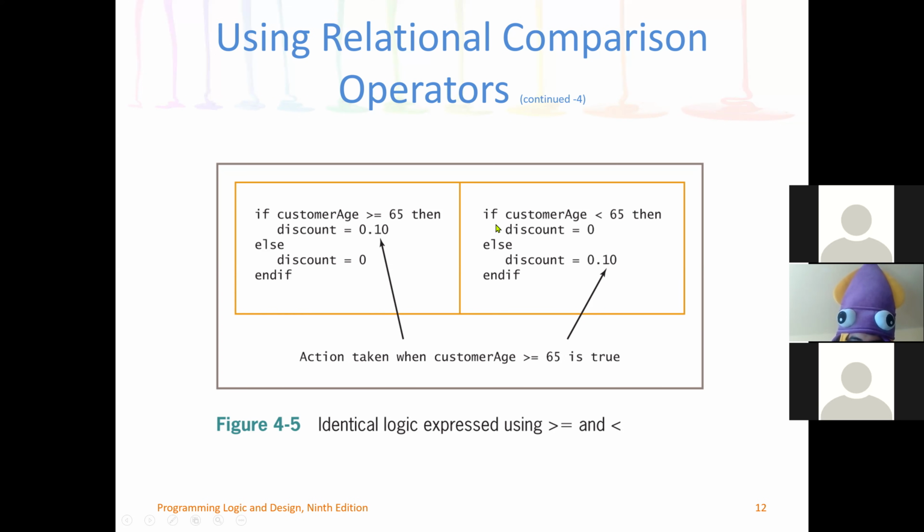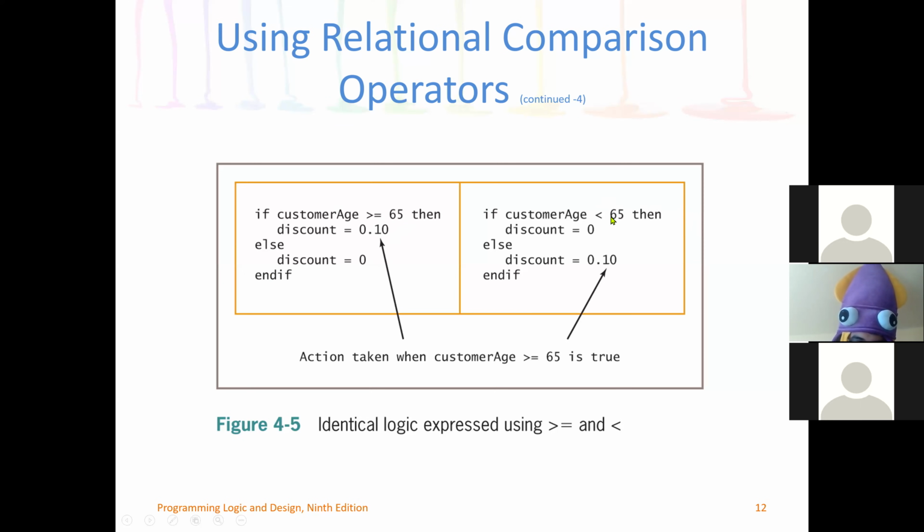Now, the same thing applies here. Also, we said that if customer age is less than 65, then the discount is 0. Else, we give him 10% discount. Now, it's based on the condition that we change the false to true and true to false. Because here we say greater than or equal to 65, but here we are saying it's less than 65. So if it's less than 65, the discount equals 0, and the else section will execute for the first example.